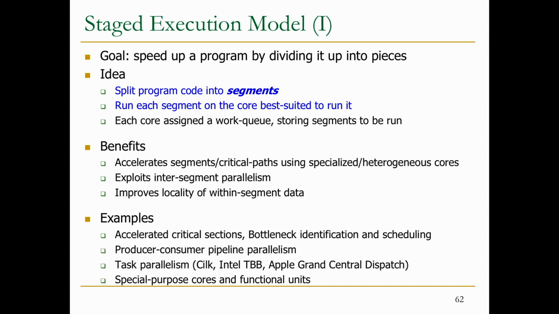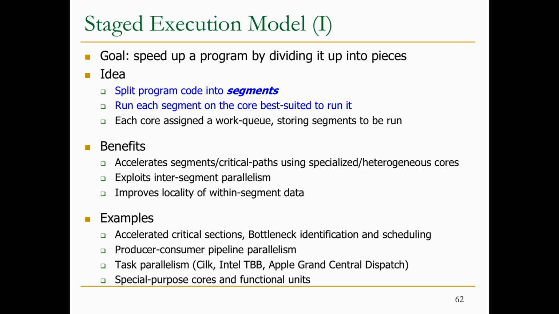So examples we've already seen: accelerated critical sections, bottleneck identification and scheduling, producer-consumer pipeline parallelism. These are pipeline parallel programs. Whenever you exploit some sort of task parallelism, if you program with task parallel programs, dynamic tasking, for example, that we discussed, there are a lot of commercial examples of it, as you can see over here. And you can also think about special purpose cores and functional units this way.